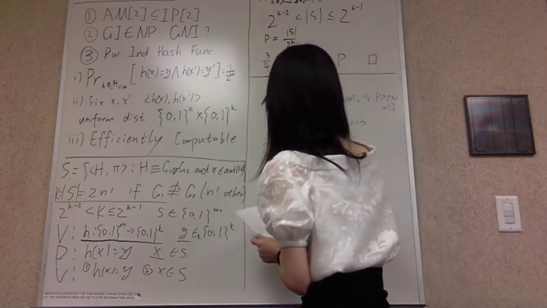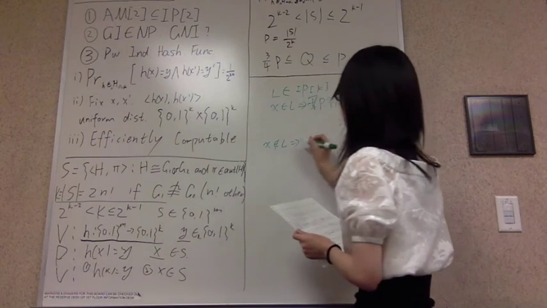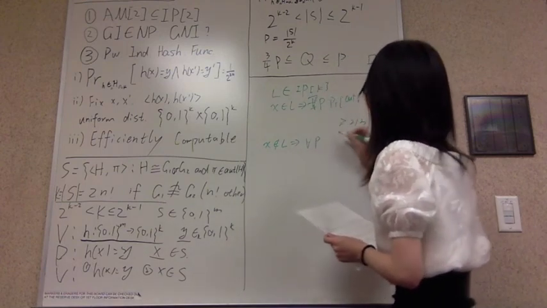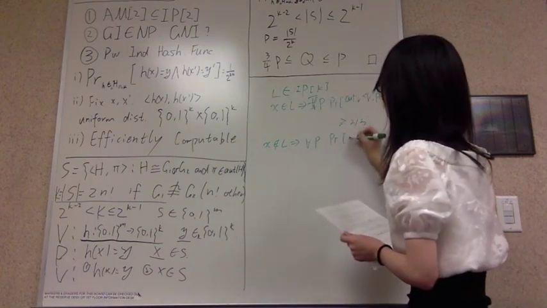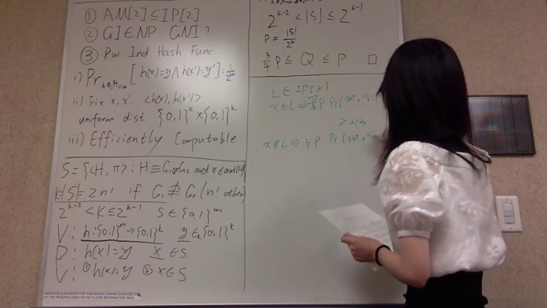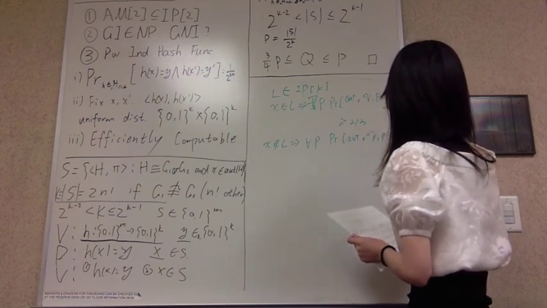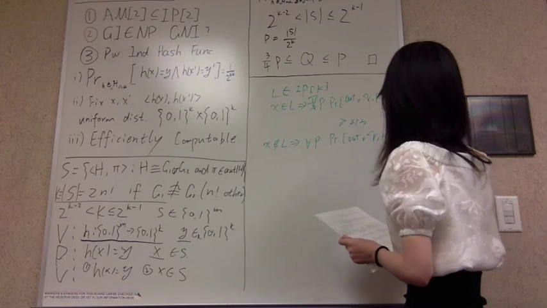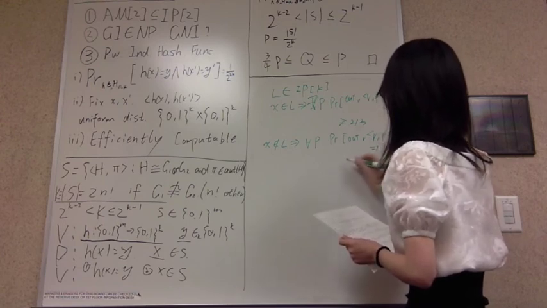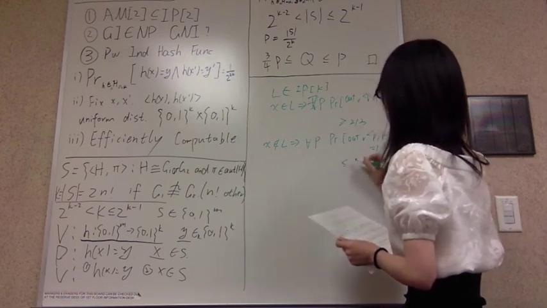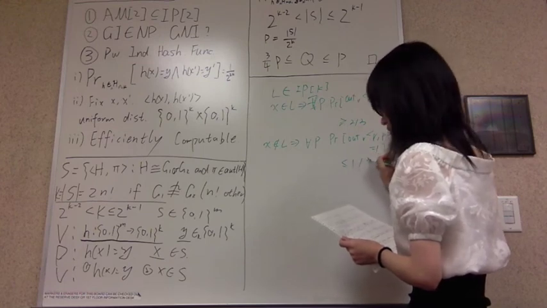And if x is not in L, then for all P, the probability of the outcome of V with V_P being equal to 1 is smaller than or equal to 1/3.